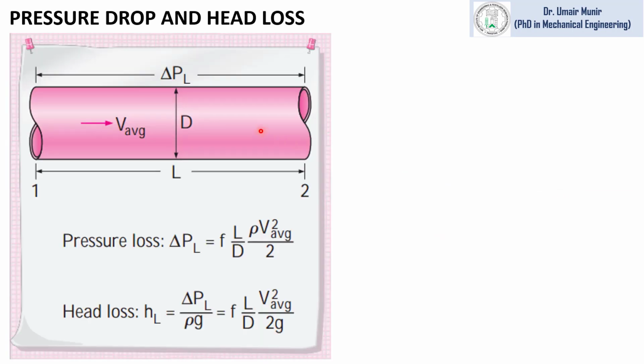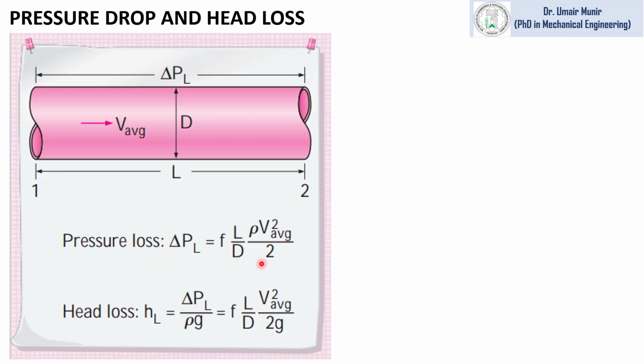In piping system design, pressure drop measurement is very important. With the help of this pressure drop measurement, we can select a suitable pump for the pumping of fluid inside a piping system. The pressure drop in a pipe having length L and diameter D can be found by this pressure drop expression.